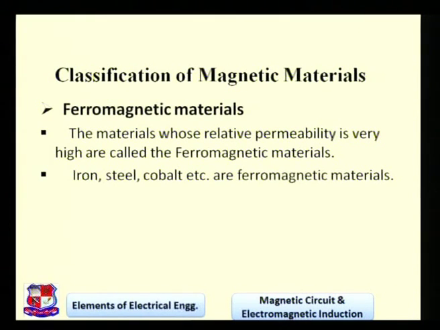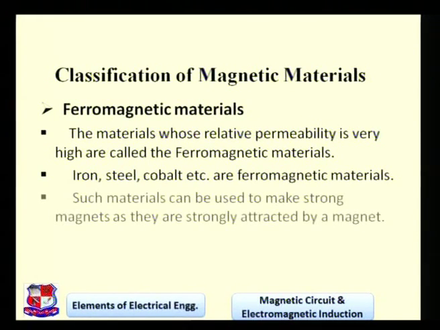The examples of ferromagnetic materials are iron, steel, cobalt. Such materials can be used to make strong magnets. As I said earlier, if the permeability or relative permeability of a material is high, then it can be used to make a strong magnet because they are strongly attracted by a magnet.